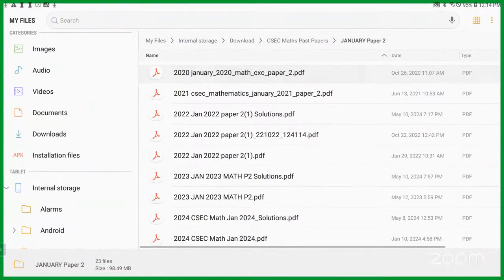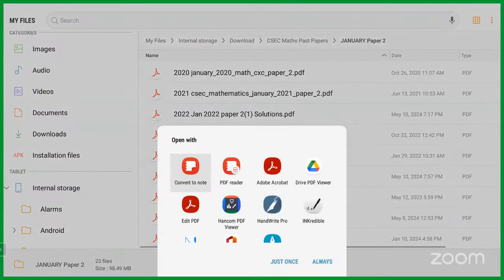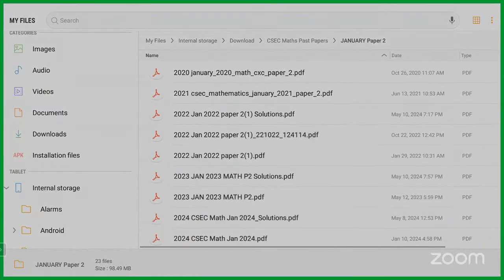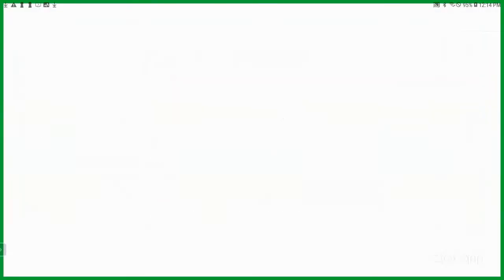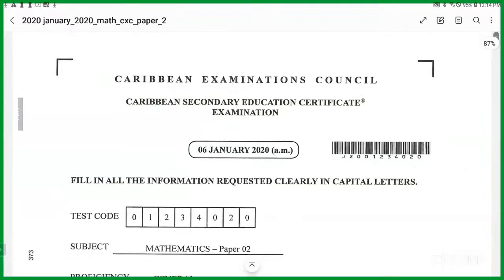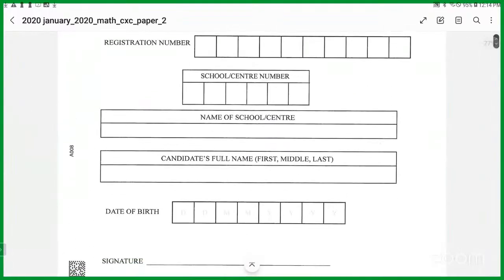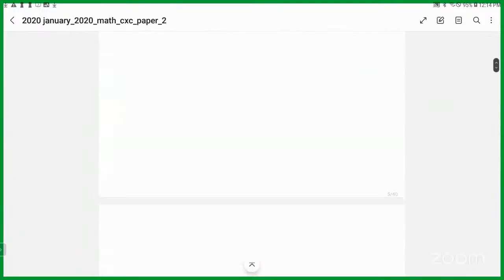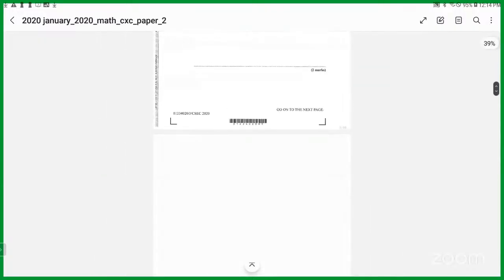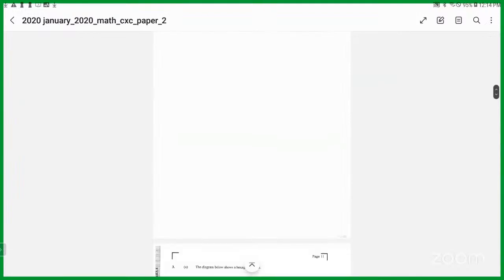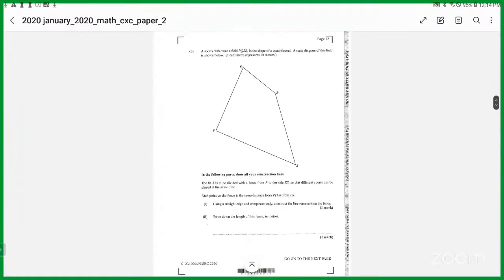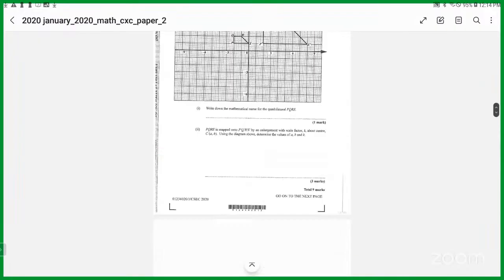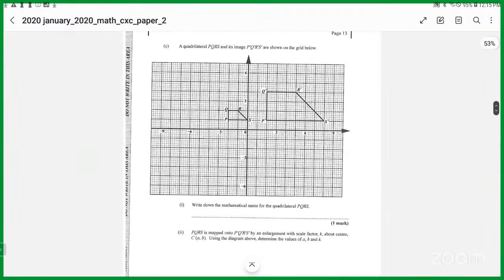This one. Alright. Question 3C and question 10. Alright, this is 3C. So this one gives us this paper.